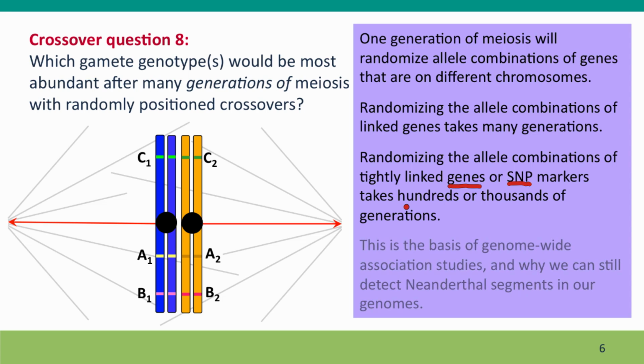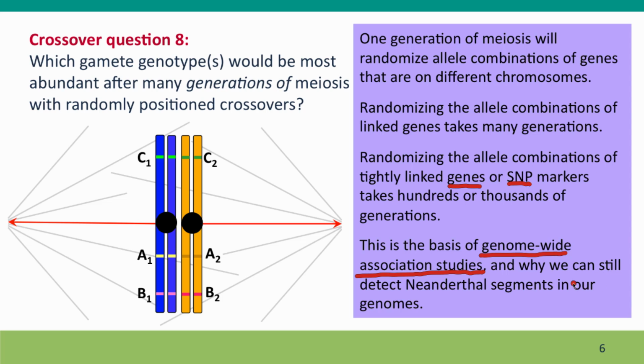And the consequence of that is that we can use genome-wide association studies to exploit the linkage between SNPs and genes that cause particular effects, because those SNP differences, the different SNP alleles, have stayed linked to different alleles of the phenotype-causing gene over hundreds of generations.